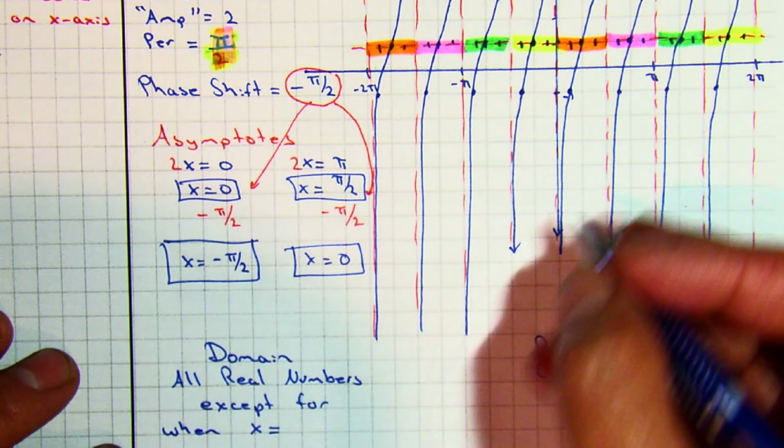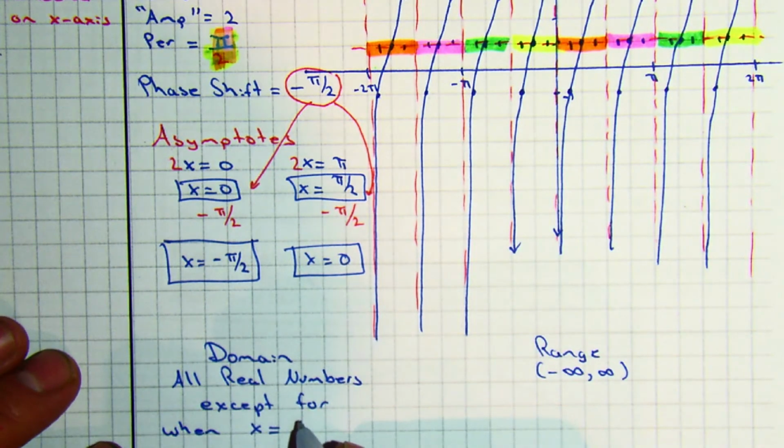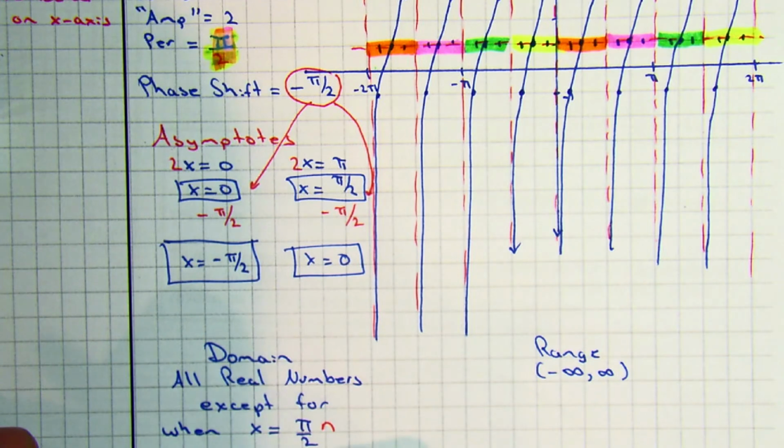I want to select 0. And then I'm not going to place a 0. I'm just going to place my period, which is pi over 2 n, where n is any integer.